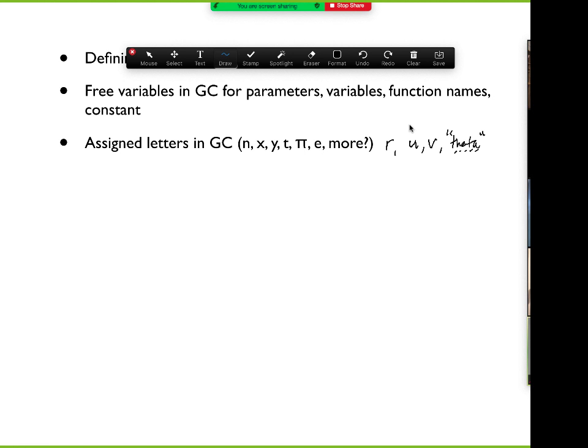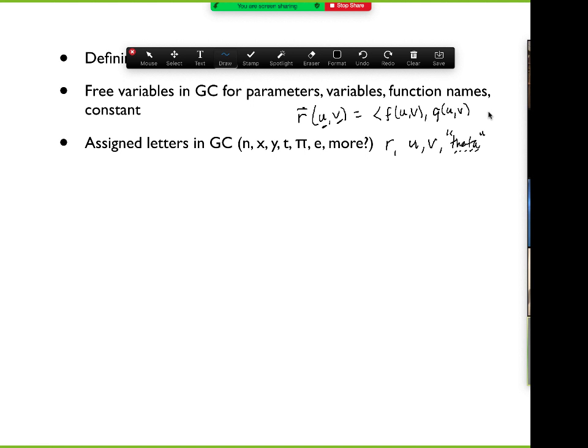They're for vector functions, parametric functions of two variables, so they're similar to t. When you write a surface, if you remember from Calc 3, you can write a surface with two parameters as a vector function.